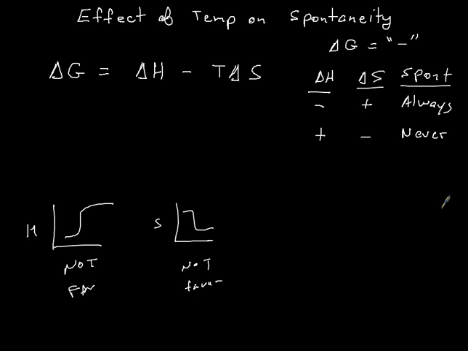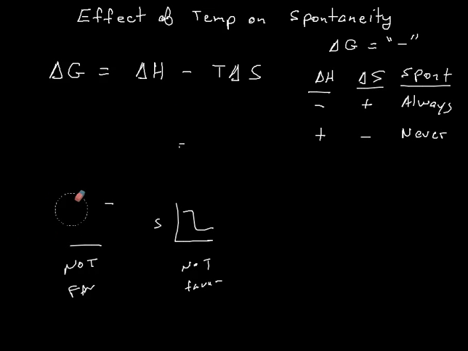Never spontaneous. Let's look at the mathematics just to double check. Remember, we need a delta G value that's negative. If H is positive, and we subtract S, which is negative, a subtraction of a negative means an addition. So a positive plus a number equals a positive number. You would have a delta G that's always going to be positive in that scenario.